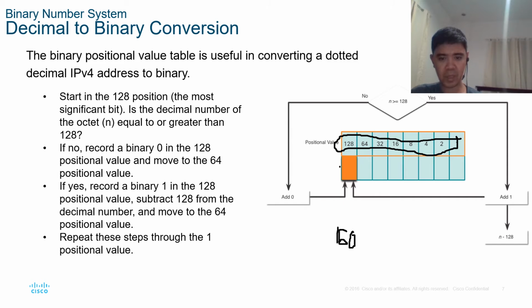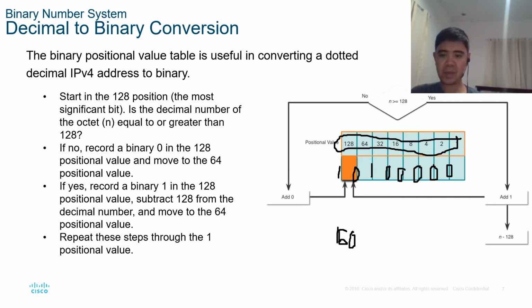I put 1 here, so I already have 128. If I put 1 here, that will be 192, so it should be a value of 0. If I put 1 here, 128 plus 32 is 160, right? Therefore, the values here are all zeros. It should reach up until 1. So you should always have this positional value.